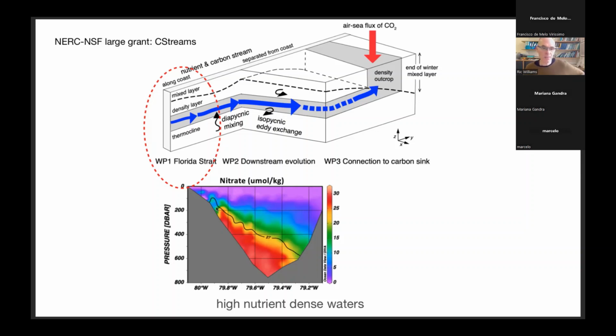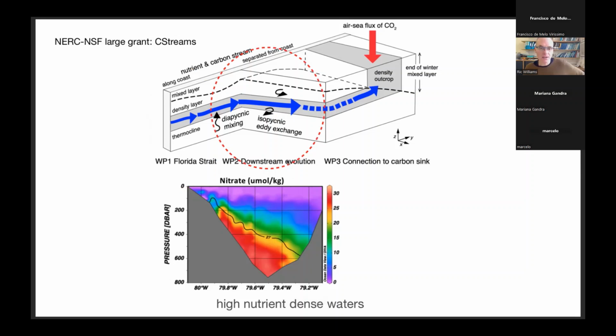The first theme is trying to document how nutrients are transported at the Florida Strait and putting in moorings to measure the nutrient concentration and to link with existing velocity measurements there to get the fluxes.